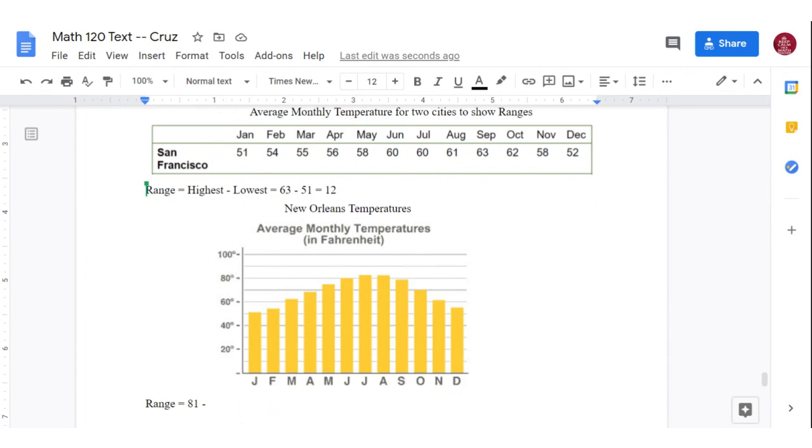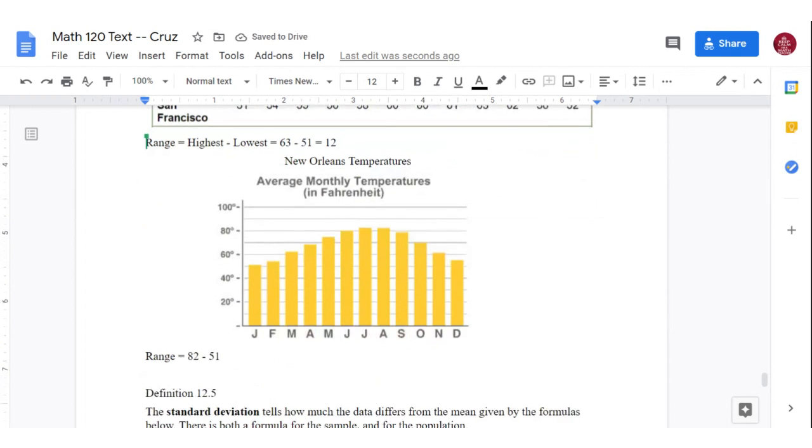And you know what, I think this is actually 82. Yeah, and then that one, I'm sorry, it's not 60, it's 51. So then if we subtract, we've got 31 is our range.